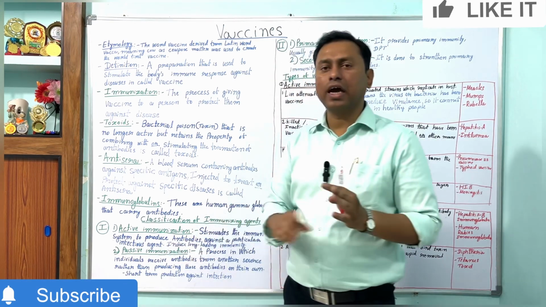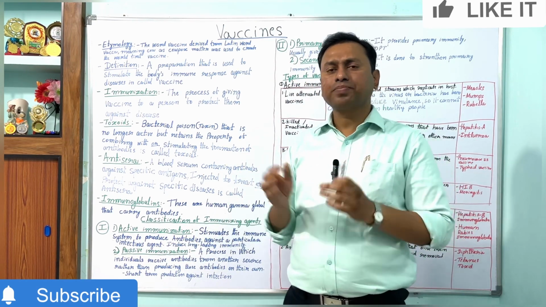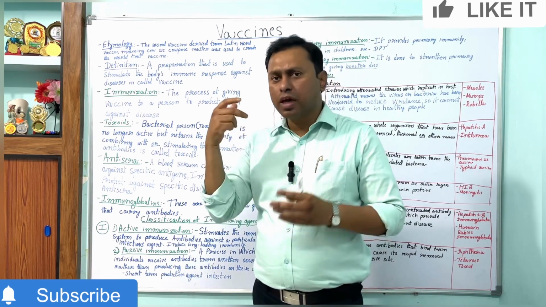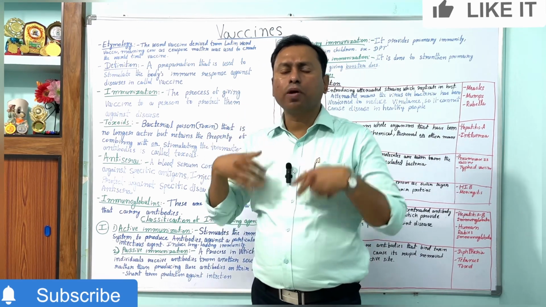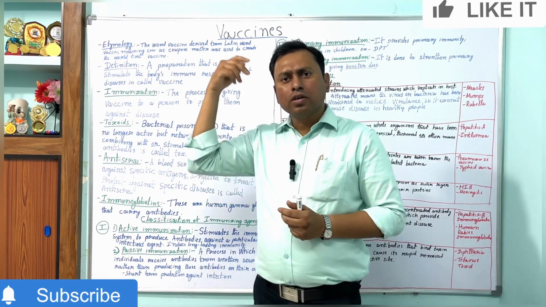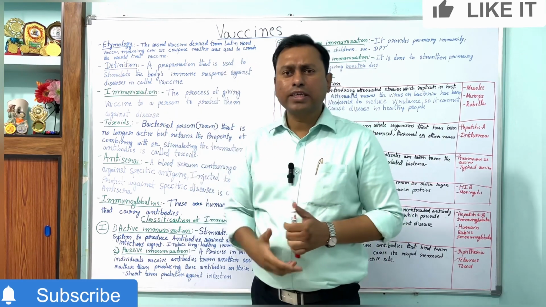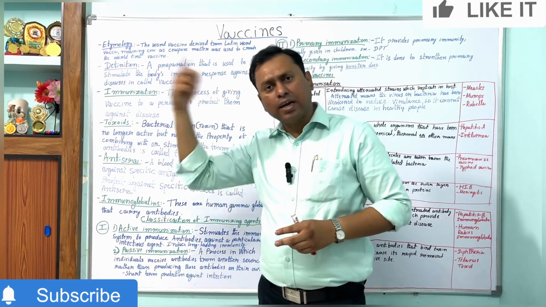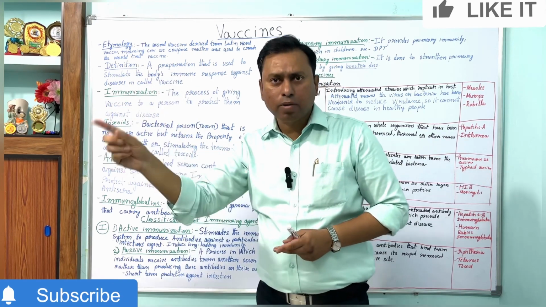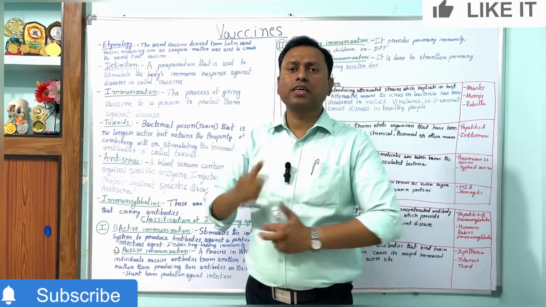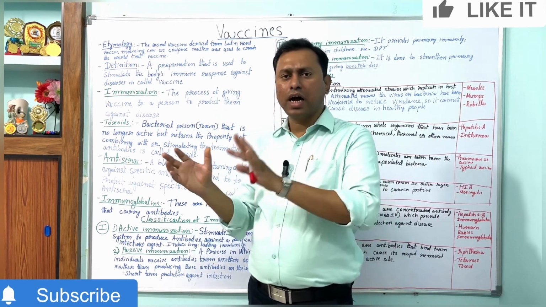The difference between active and passive immunity is that in active immunity the diseased person produces the antibodies himself. In passive immunity, we inject the antigen into some animals, the antibodies are produced in those animals, and we take that antibody-containing serum and inject it into the person.